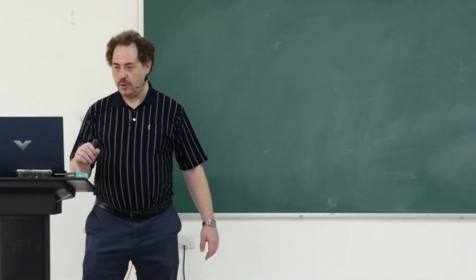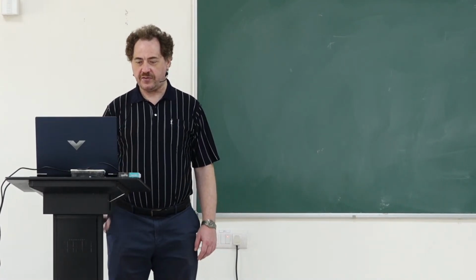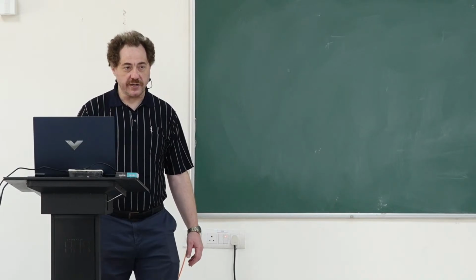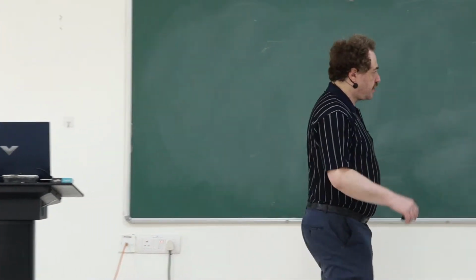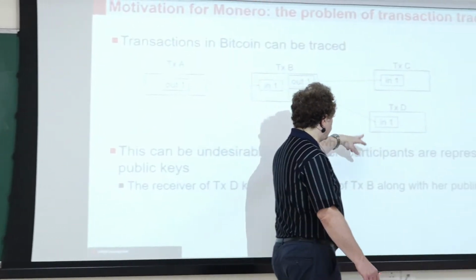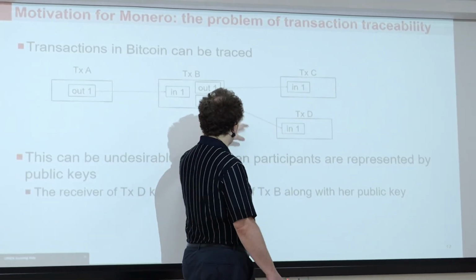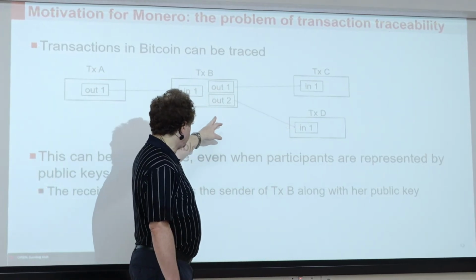Why was the creator of Monero dissatisfied with Bitcoin? Well, transactions in Bitcoin can be traced. What exactly does it mean? For each input, we know the output which connects to this input. The same UTXO, right?